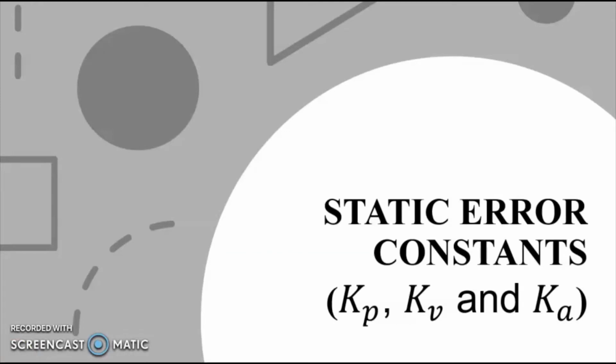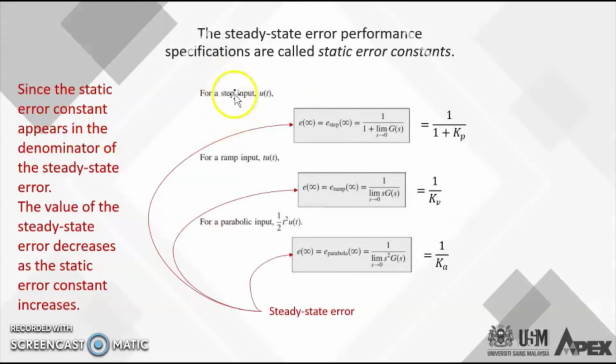So moving on to the next topic, which is about static error constants. The steady state static error constants are Kp, Kv, and Ka. So we're going to look at what those are.